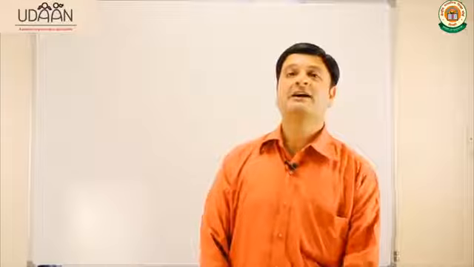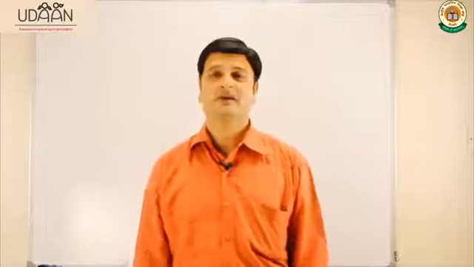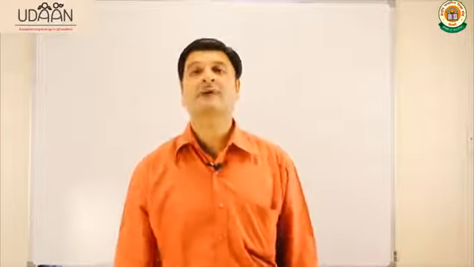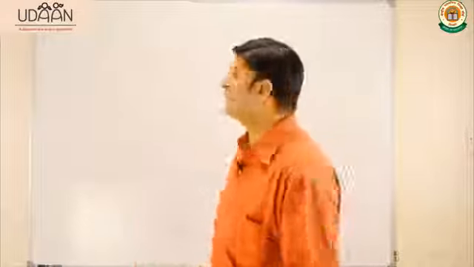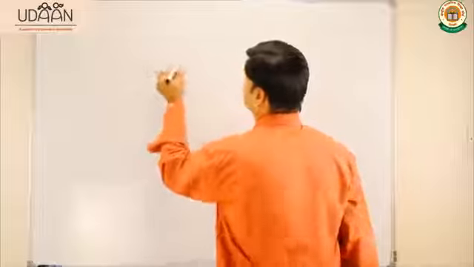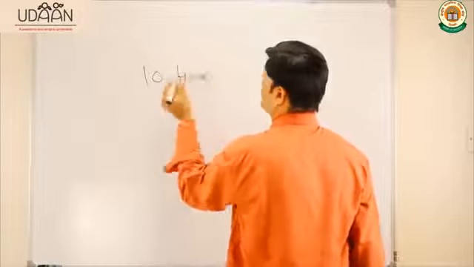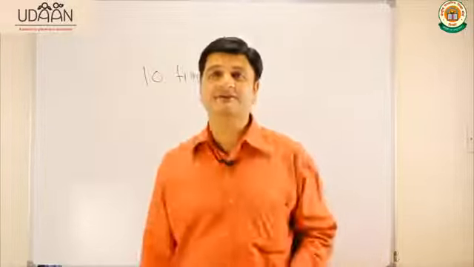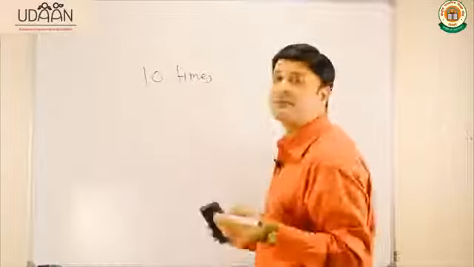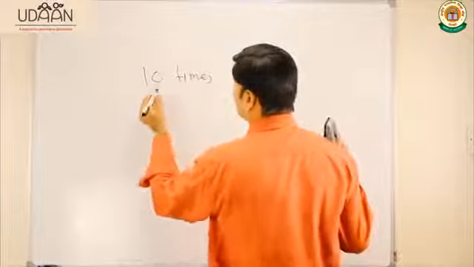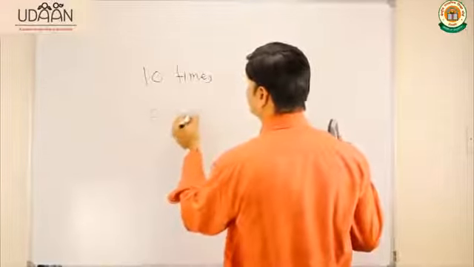Now at the end of this chapter, let's come to the last part. Suppose I toss a coin 10 times, and I want to know the probability of getting exactly 6 heads.